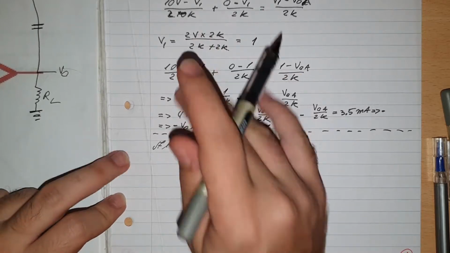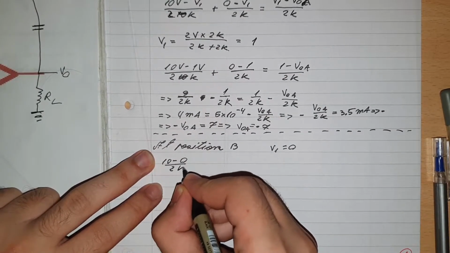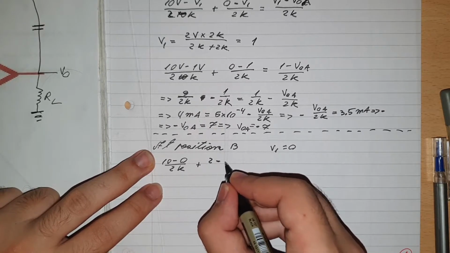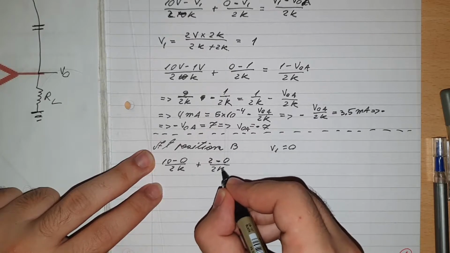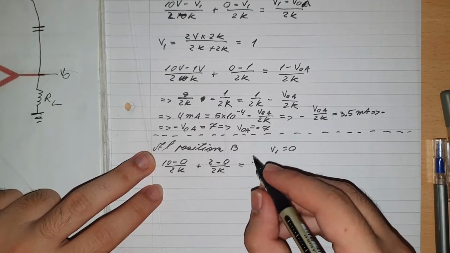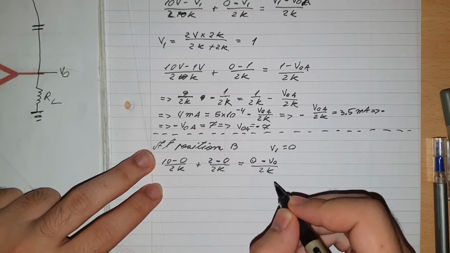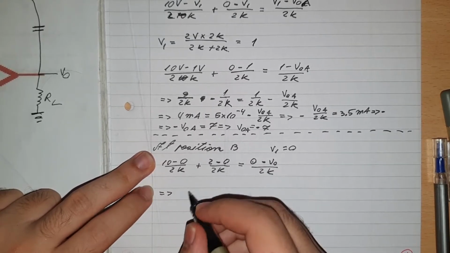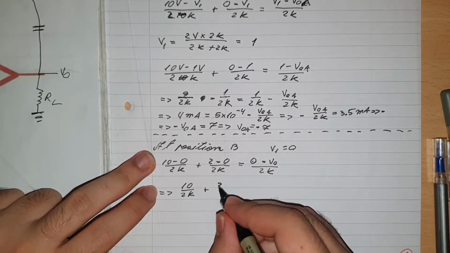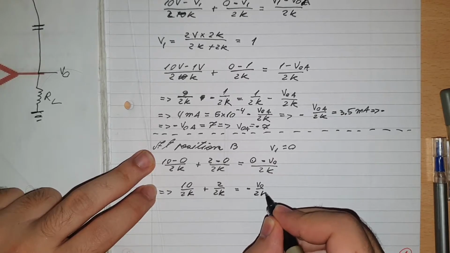So if you rewrite this one, it will be something like this: 10 minus 0 over 2K plus 2 minus 0 over 2K is equal to 0 minus VO over 2K. Therefore that will be 10 over 2K plus 2 over 2K equal to minus VO over 2K.